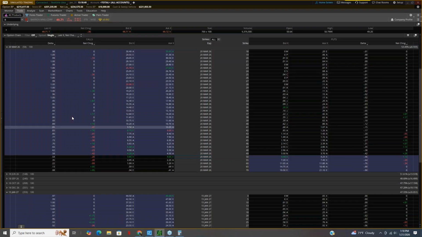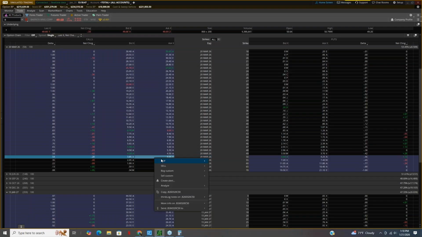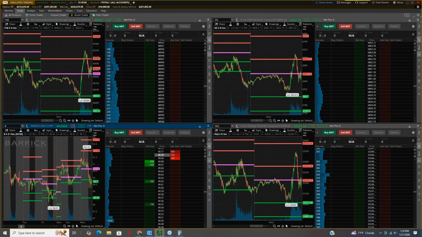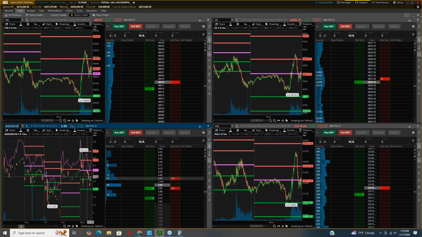So I can then go into this thing. Well, let's copy the symbol. You know, I'm not trying to teach a whole thing on how to trade here. I'm just trying to give you guys an idea how to use these things. So now instead of Barrick, I'm going to have the symbol. That's the option I want to buy.